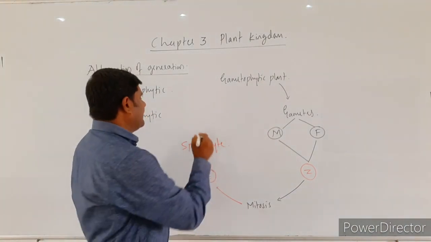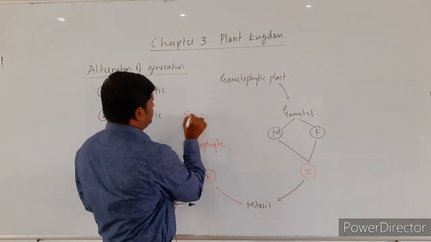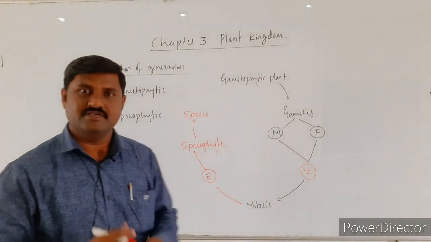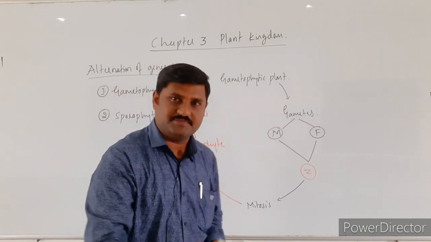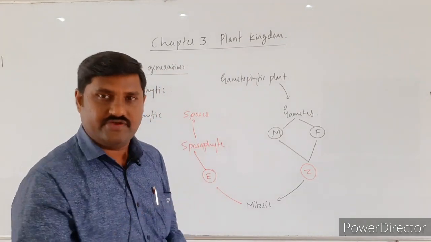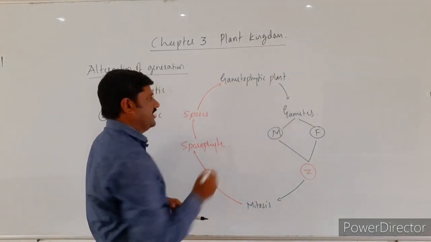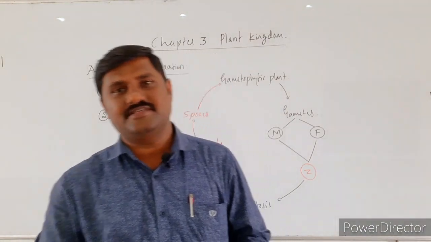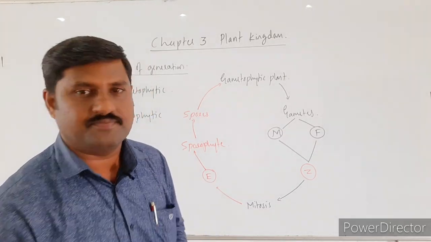The sporophytic plant produces spores, and these spores fall on the substratum and later grow into a new individual plant, and that plant is the gametophytic plant. This is how alternation of generation occurs in these plants.